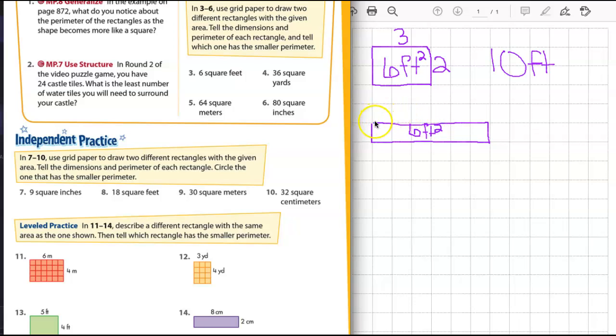And then the perimeter on this side is 1, 2, 3, 4, 5, 6. So this side is 6, and this side is 1. So if I have 6, 7, 8, 9, 10, 11, 12, 13, 14. The perimeter of this rectangle is 14 feet.